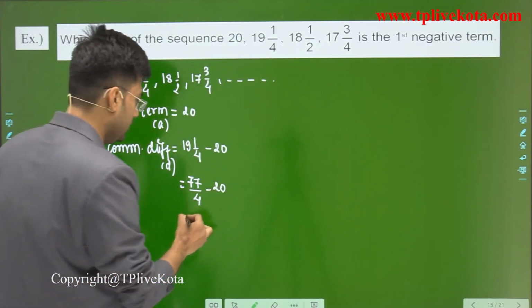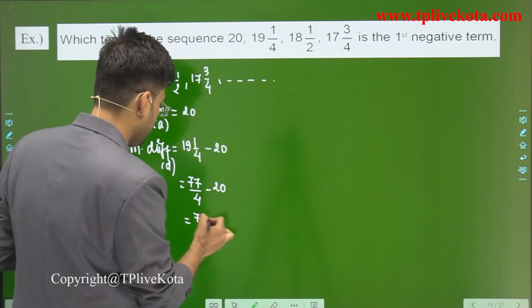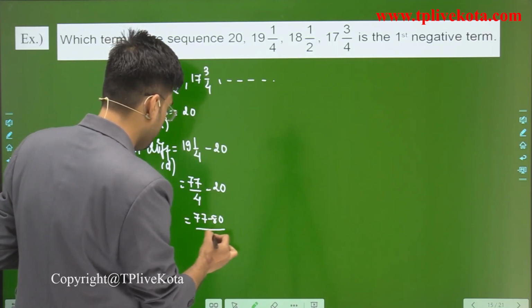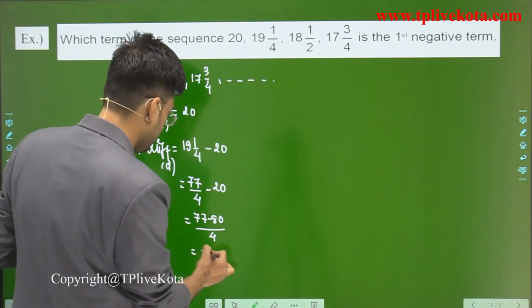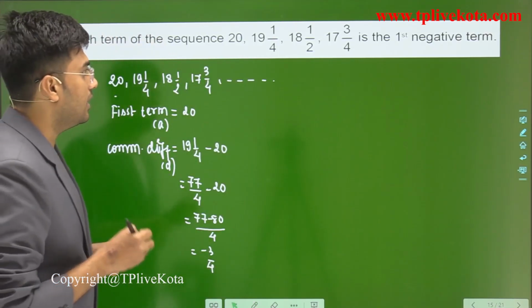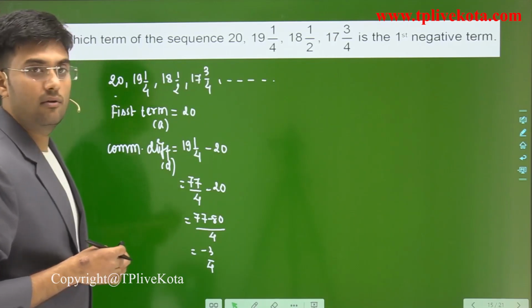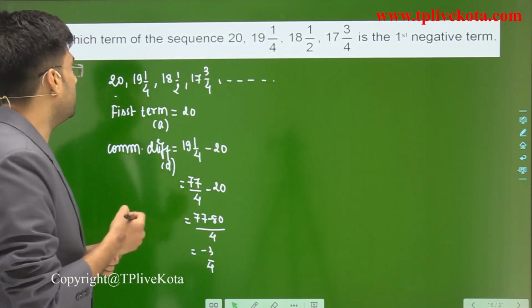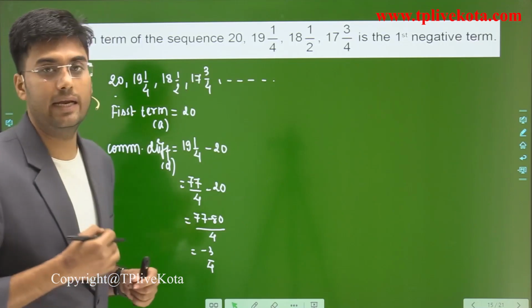So when we solve this, it is 77 minus 80 divided by 4, that is minus 3 by 4. Clear? Now what do we have to find here? We have to find which term is the first negative term here.